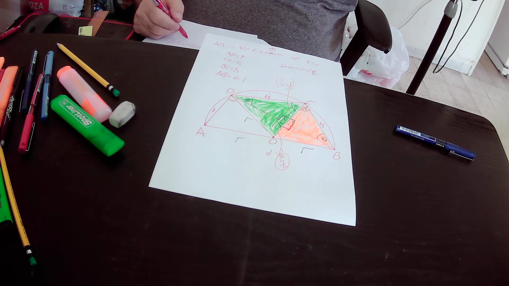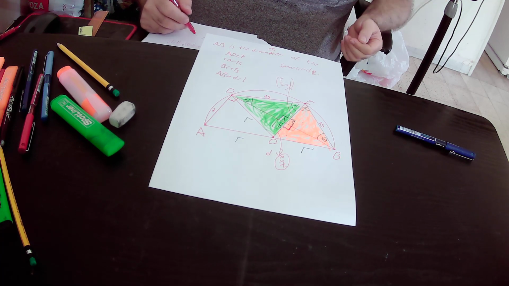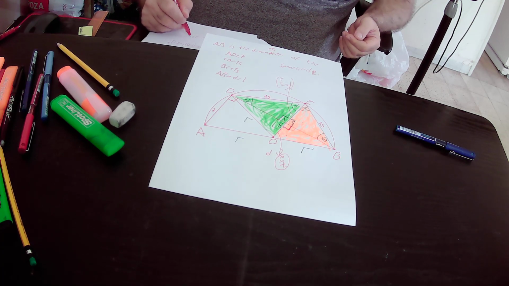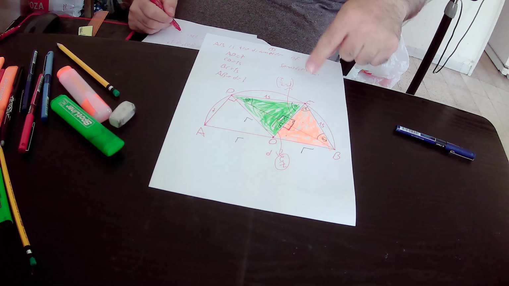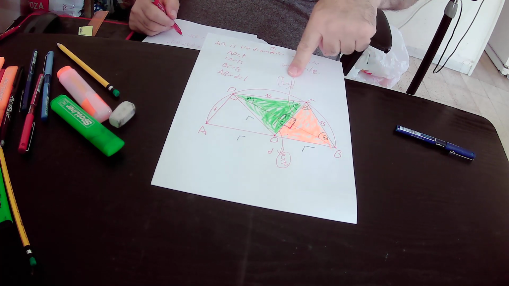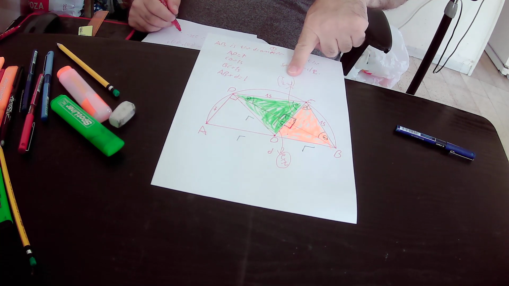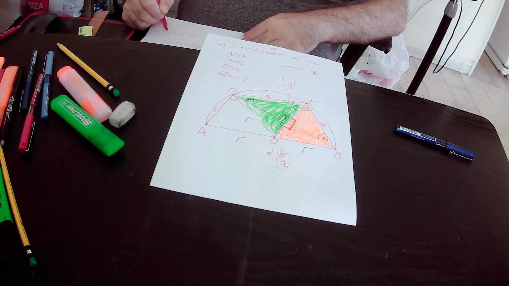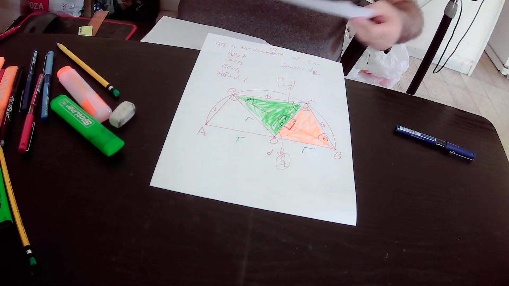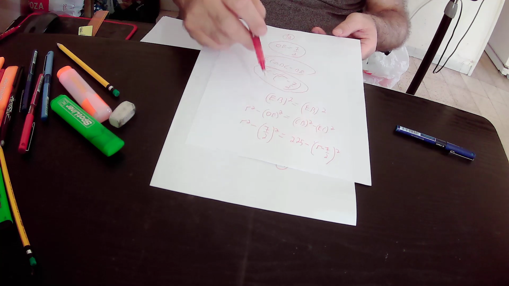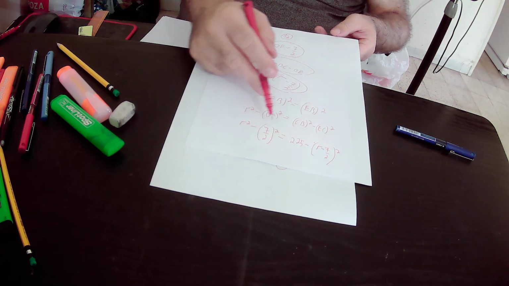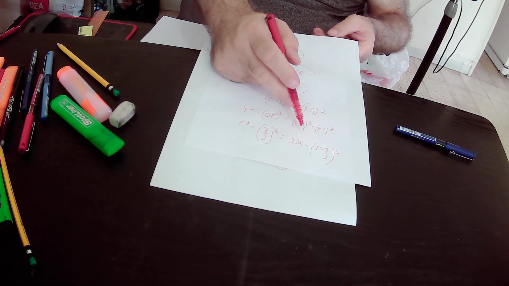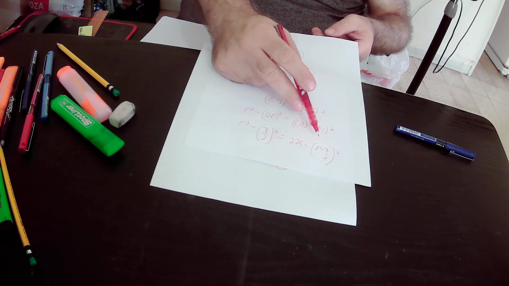So CB square is 15 square, which is 225, minus EC square. EC equals R minus 7 over 2, so EC square will be equal to R minus 7 over 2 square. So in total, we got that R square minus 7 over 2 square equals 225 minus R minus 7 over 2 square.